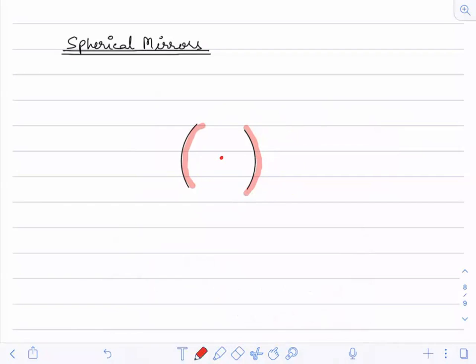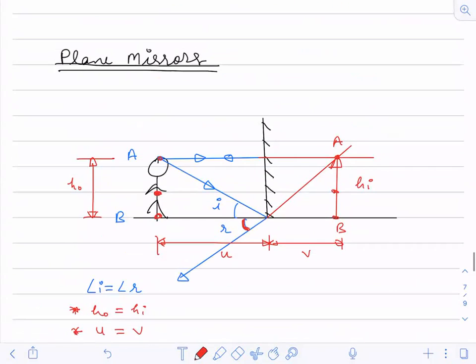Now, these are the two mirrors. I'm just showing which portion will not be reflecting, like in a plane mirror. This was the plane surface which was not reflecting.